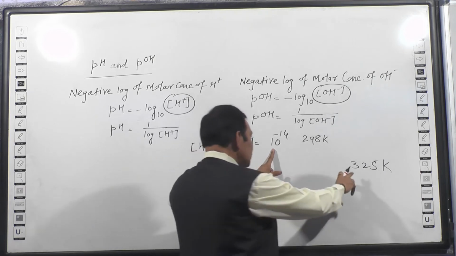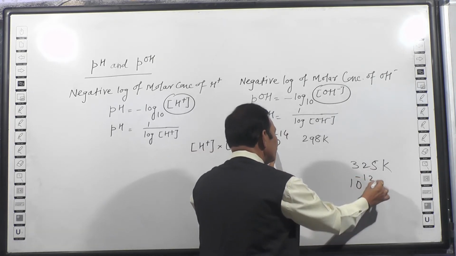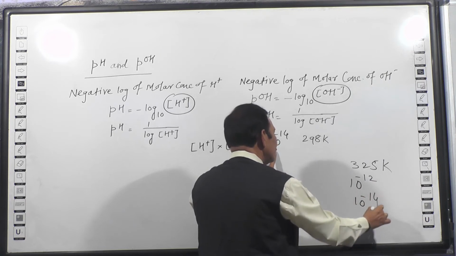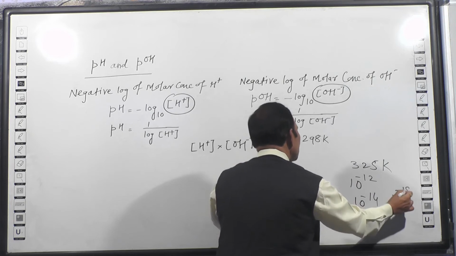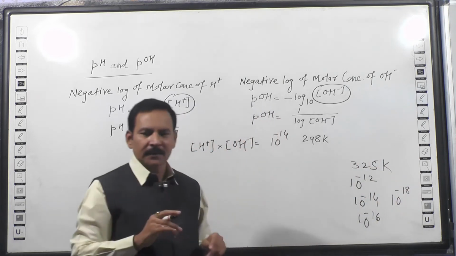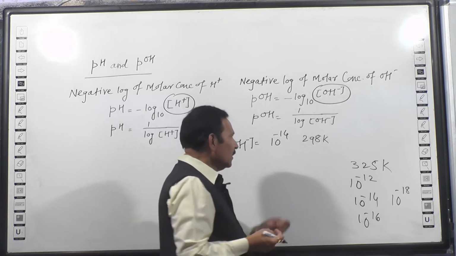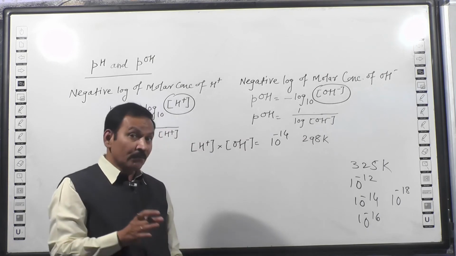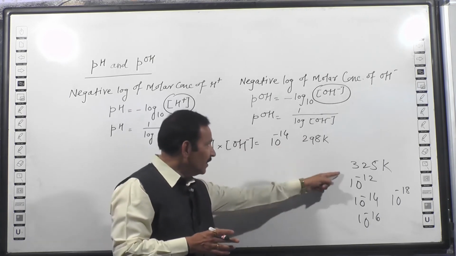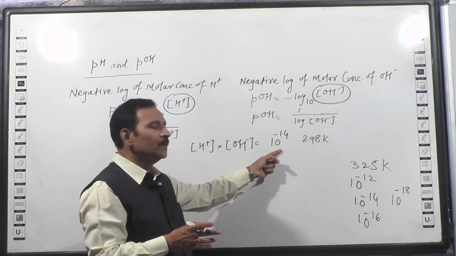So, if he asks you 325 Kelvin, one option will be 10 to the power minus 12, another may be minus 14, another may be minus 16, another may be minus 18. It's not a problem, it's not a numerical. We should be able to understand this concept that the degree of dissociation of water is directly proportional to temperature, because as the temperature increases, dissociation becomes more, product becomes more, and the value becomes more.